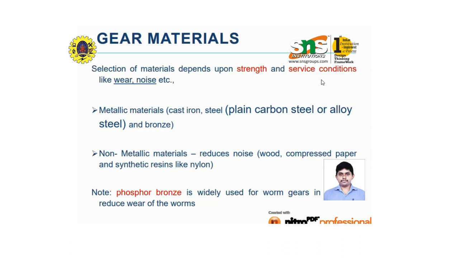And note that phosphor bronze is widely used for worm gears in order to reduce the wear of the gears. Okay, it is one kind of important question. Phosphor bronze is widely used for worm gears in order to reduce the wear of the worms. Okay, it is totally based upon the type of gear materials.